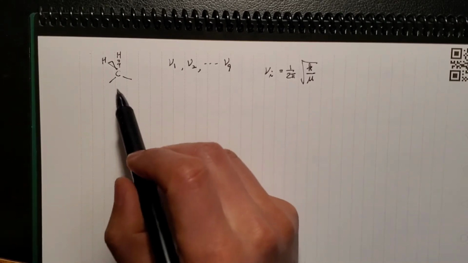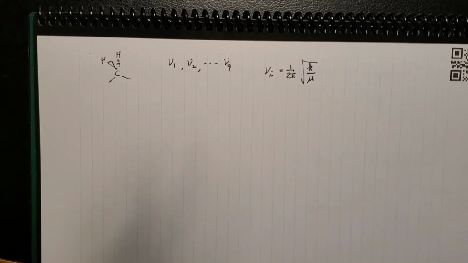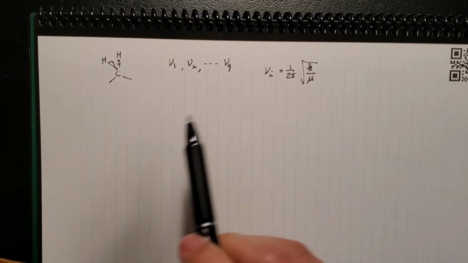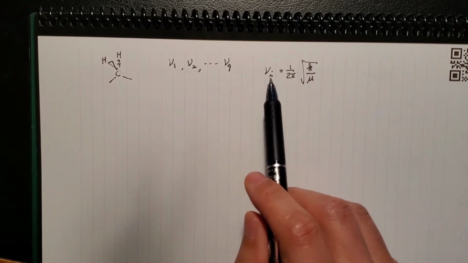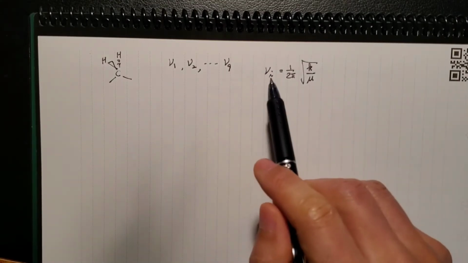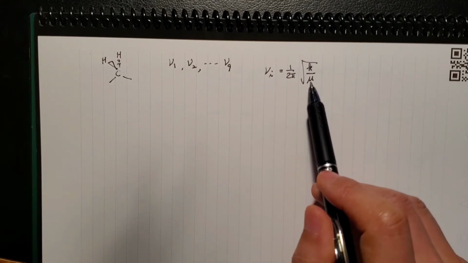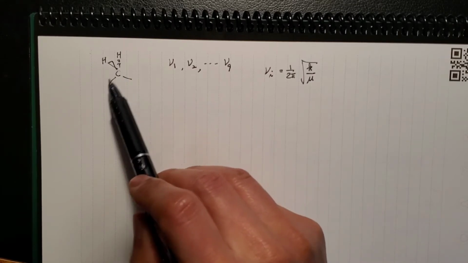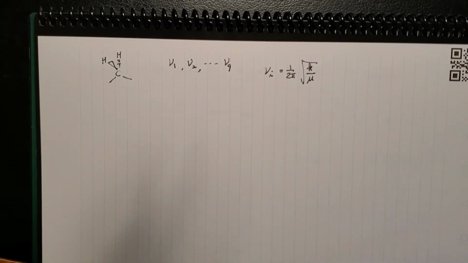So here I wrote CH2 with the 2 connections to the other part of the molecule, and since it's non-linear, you expect 9 different frequencies in 9 different modes of vibration. Which means you will have 9 different values of nu here, but the reduced mass is the same, because whatever mode you are encountering, you have the same atoms.